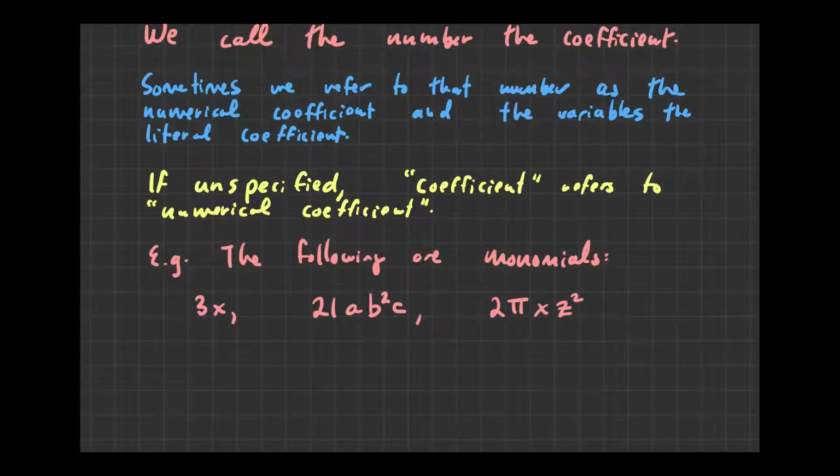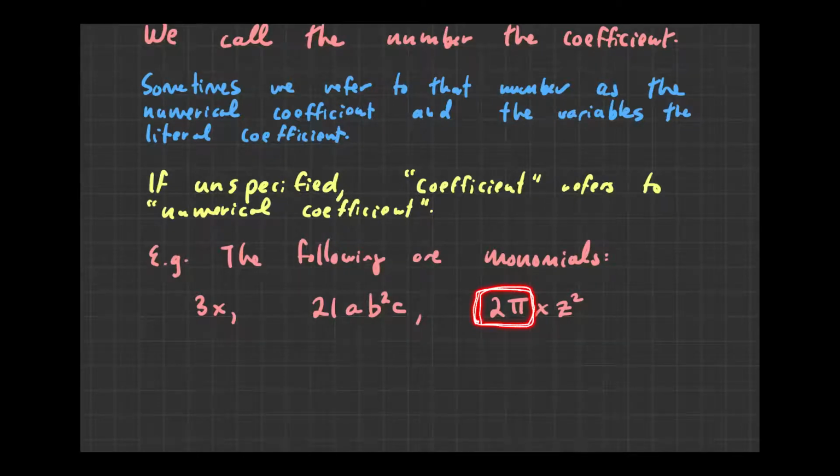What's important to recognize in this last monomial is that the coefficient, or if we want to specify, the numerical coefficient, is actually 2 pi here. Even though pi kind of looks like it could be a variable, pi is not a variable. Pi does not vary.